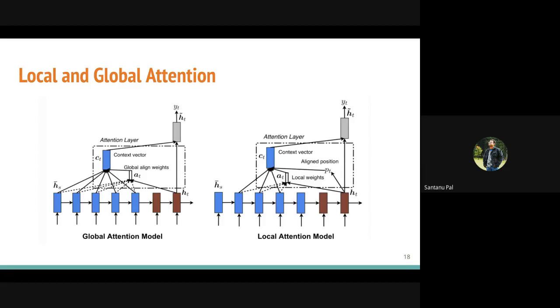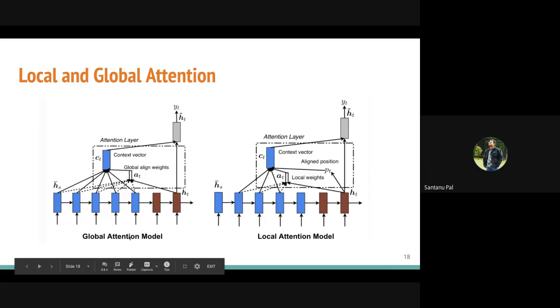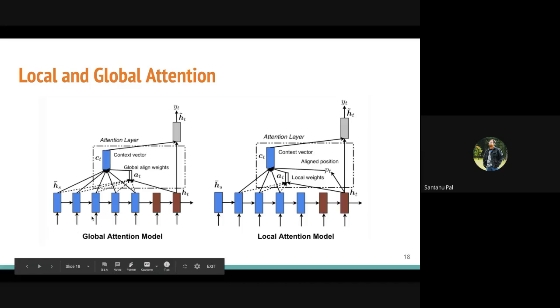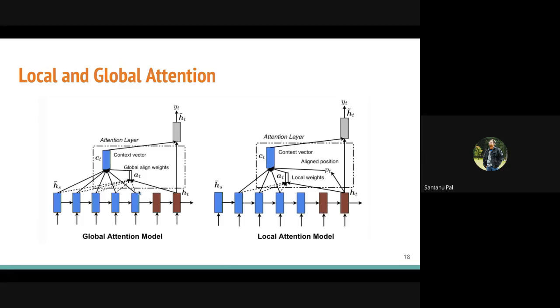Let's see the difference between local and global attention. The left side is global attention, and the right side is local attention. Global attention is exactly similar to what we have discussed before. The context vector is the weighted sum of all the hidden layers and the attention weights alpha t.